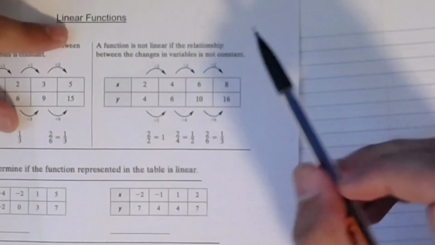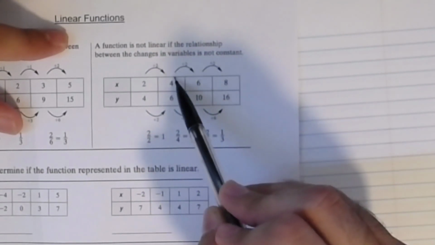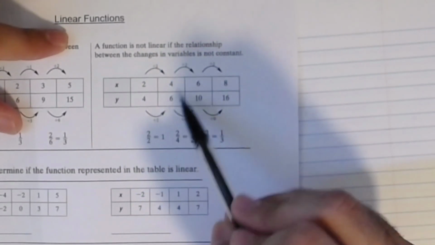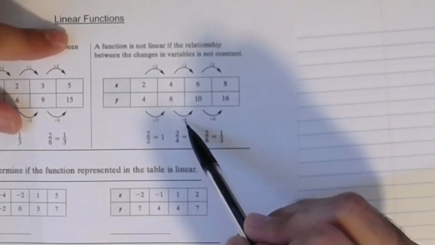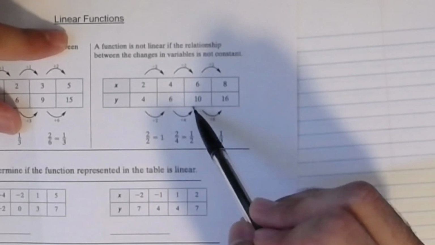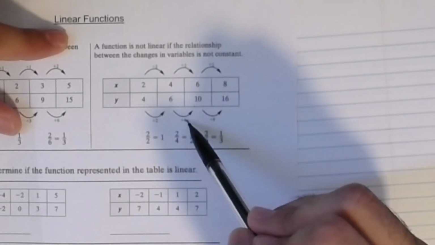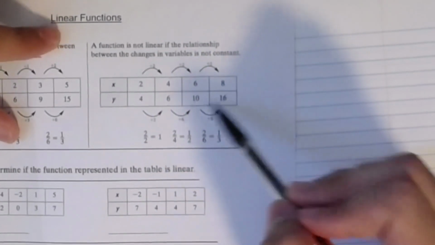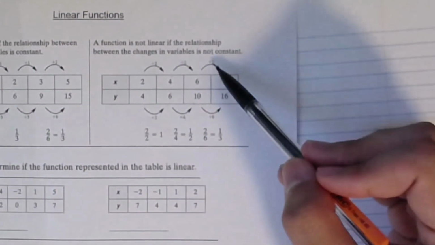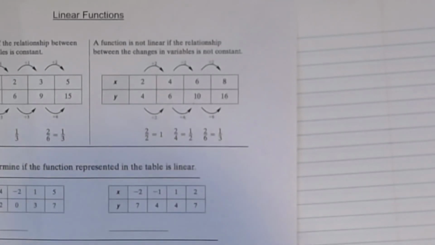Now over here, it's not the case. Look, we go up 2 over here, and then we go up 2 right here. We're supposed to go up 2 here, but we actually go up 4 here, and then up 2 here, and then we're actually going plus 6. Your input is increasing by the same amount, but the output is not increasing the same amount.